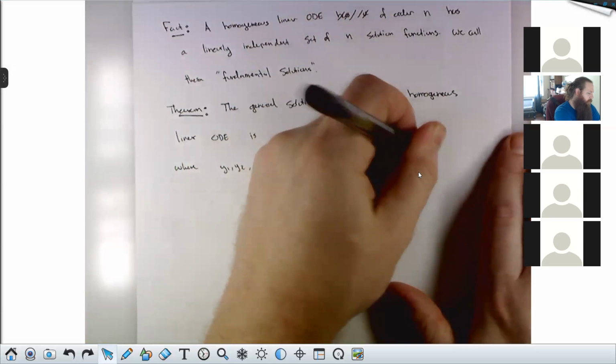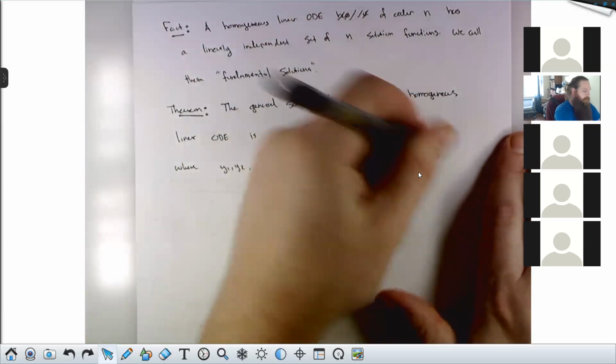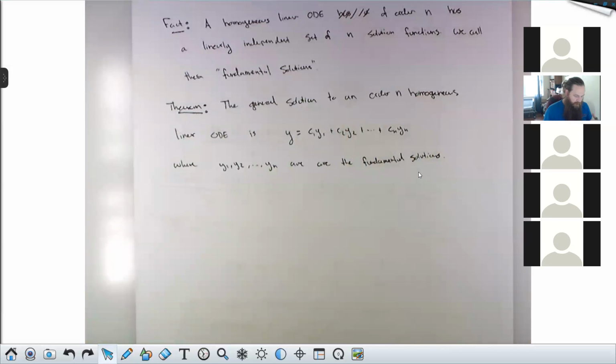And that's really what I was just saying, that when you try to solve one of these homogeneous linear ODEs, you're looking for these functions y1, y2 out to yn such that they make the ODE equal to 0.